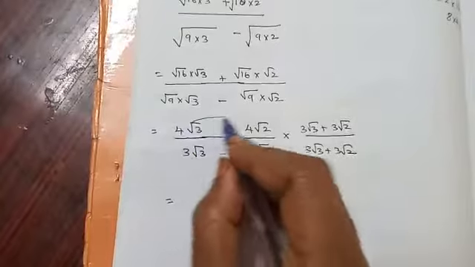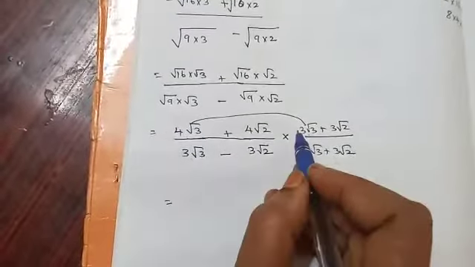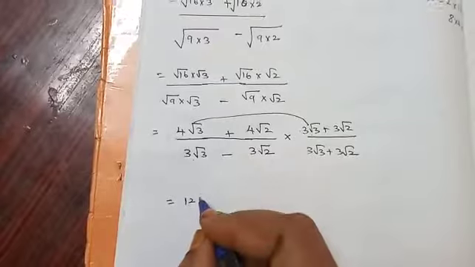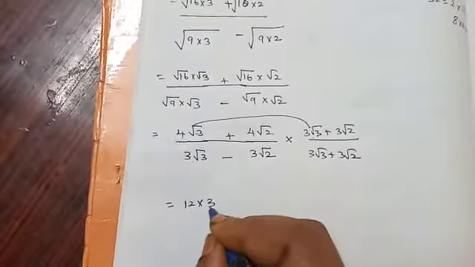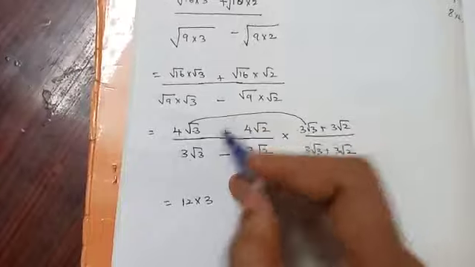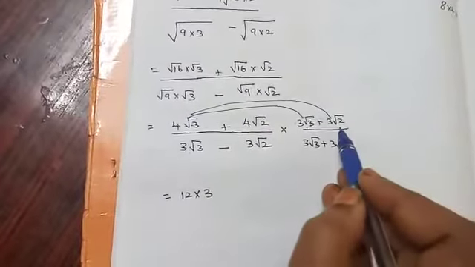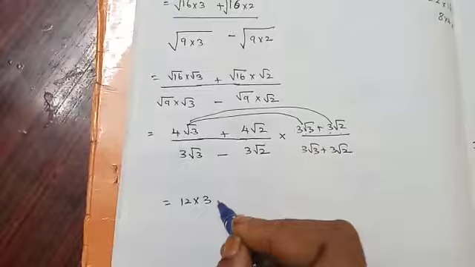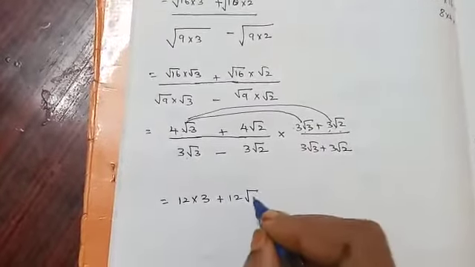Now we multiply each term. So 4 root 3 into 3 root 3: 4 into 3, 12 into root 3 into root 3, 3. So 12 into 3. Next, see the multiplication carefully. Next, 4 root 3 into 3 root 2: 4 into 3, 12, root 3 into root 2, root 6.